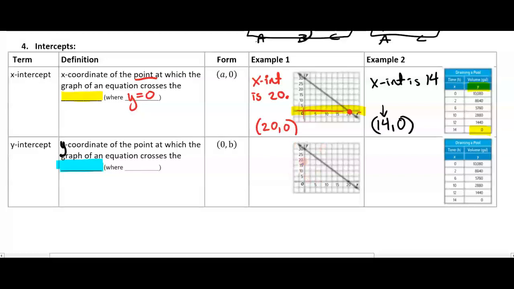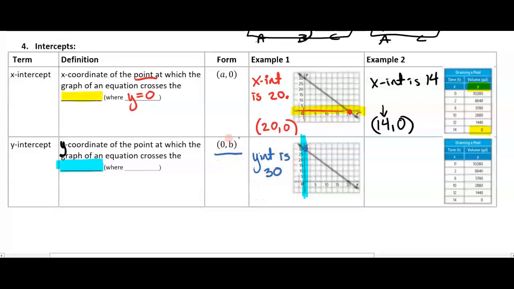Looking at this example, here's my y-axis. Where does the graph cross that y-axis? Well, in this case, it crosses at y equals 30. So the y-intercept is 30.